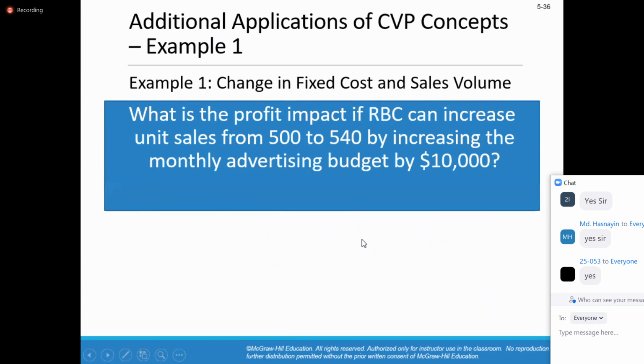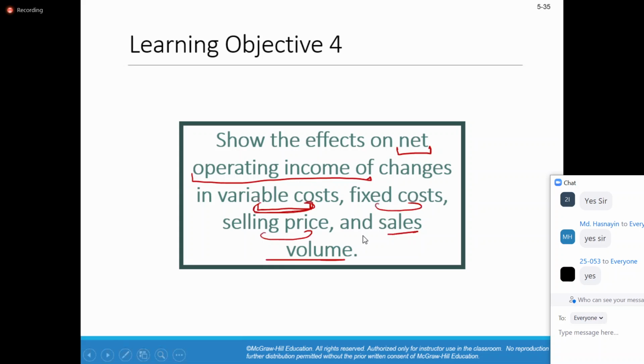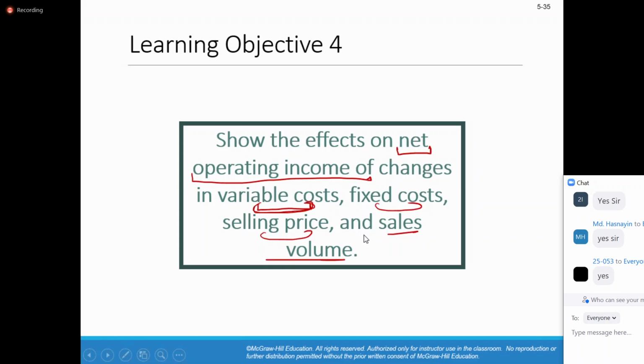In that case, you are changing multiple variables to see the response of the net operating income. Multiple variables I have mentioned. So in that case, that will be known as scenario analysis.